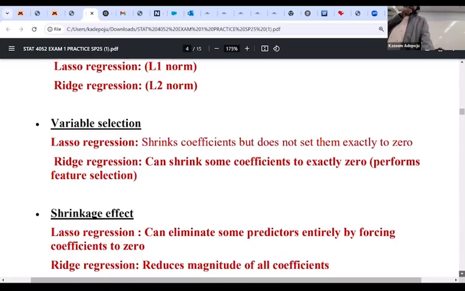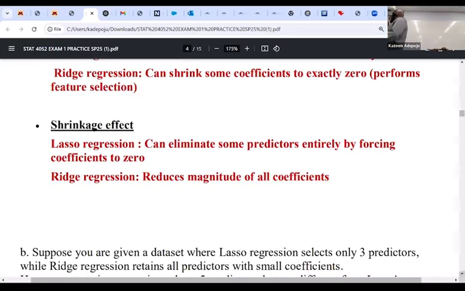So look at the shrinkage effect. When I talk about shrinkage effect, one shrinks towards zero, the other one forces the coefficient to zero. Okay, that's why they are not in the model.